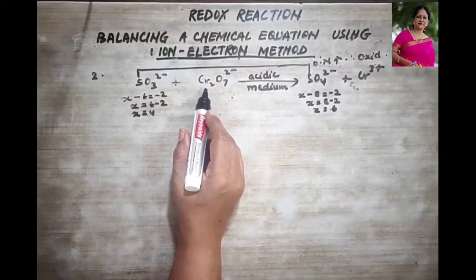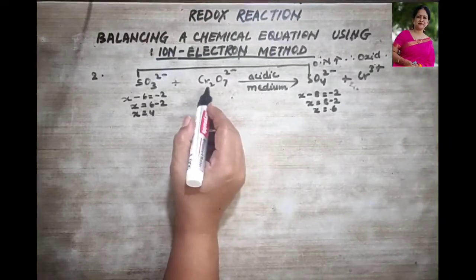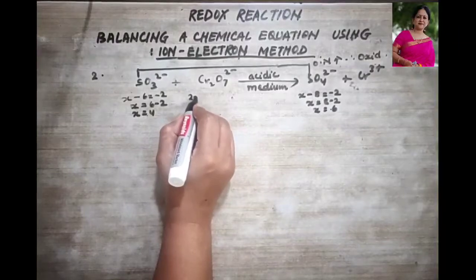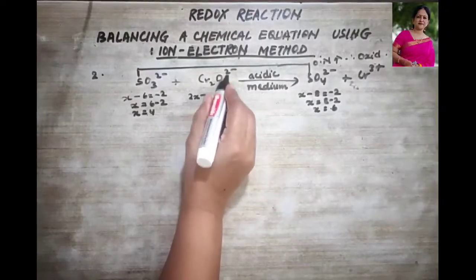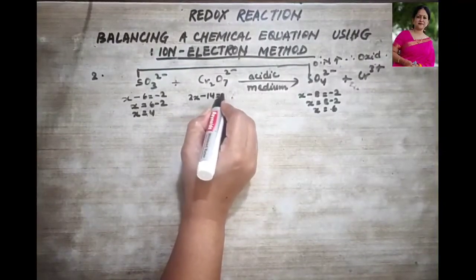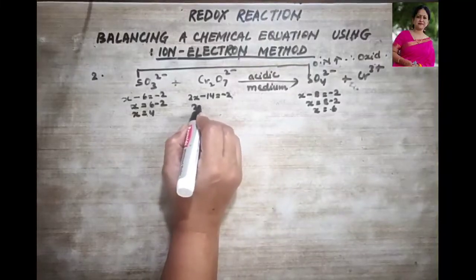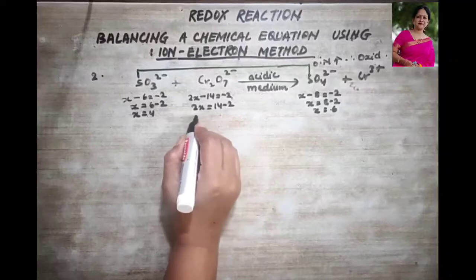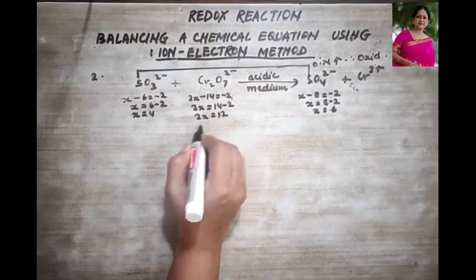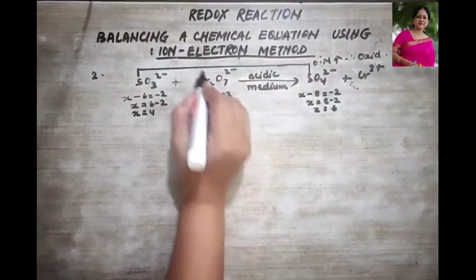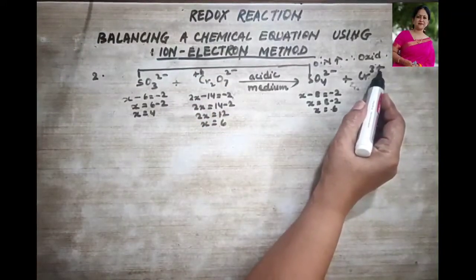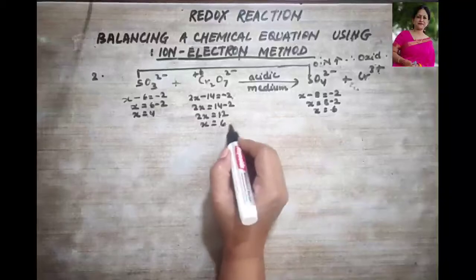Now let's look at chromium. Chromium, this side, 2x minus 7 2s are 14 is equal to minus 2. So 2x is equal to 14 minus 2. 2x is equal to 12. So x will be equal to 6. This is plus 6. And look at chromium, plus 3. So over here what is happening?